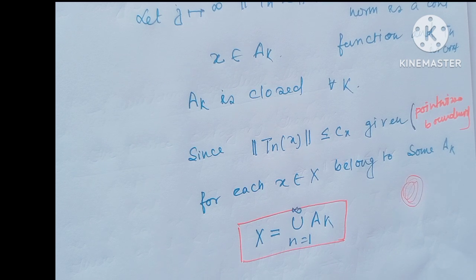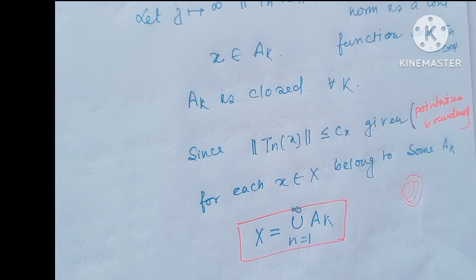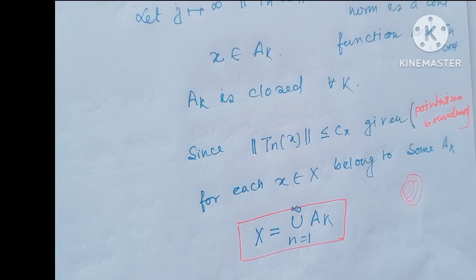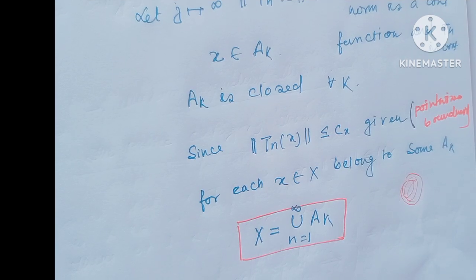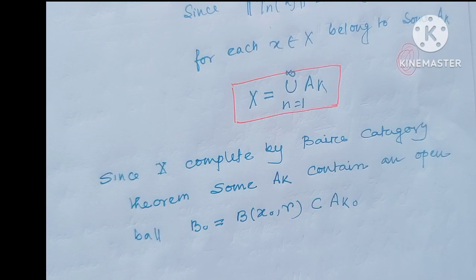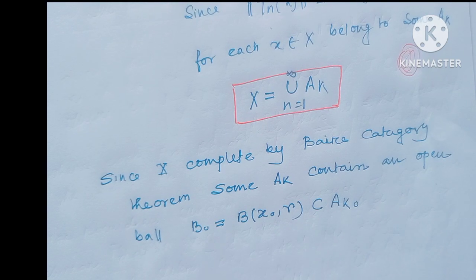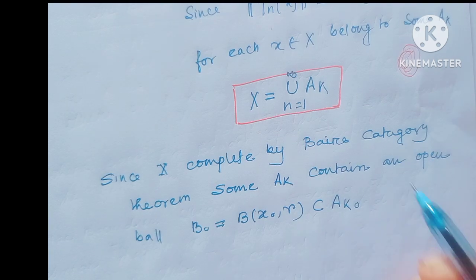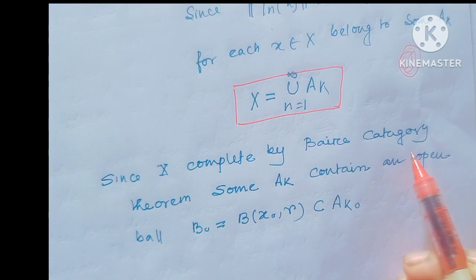Then since X is complete, by the Baire category theorem, some Ak0 contains an open ball.